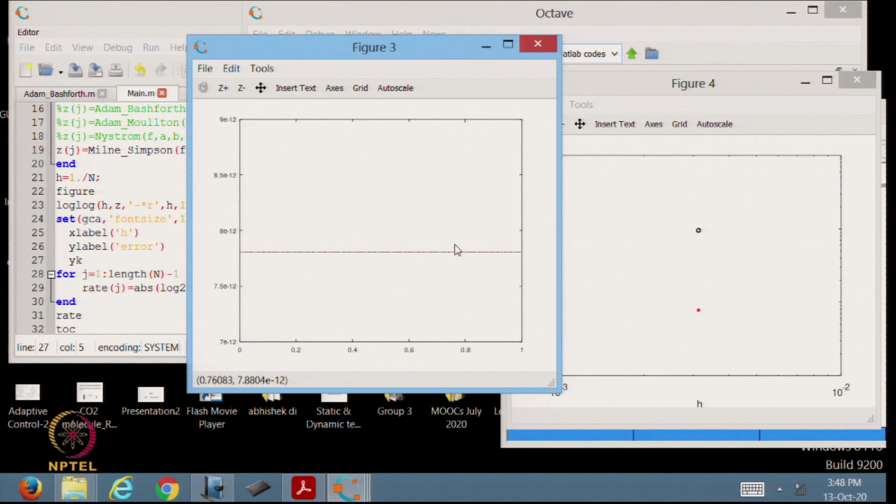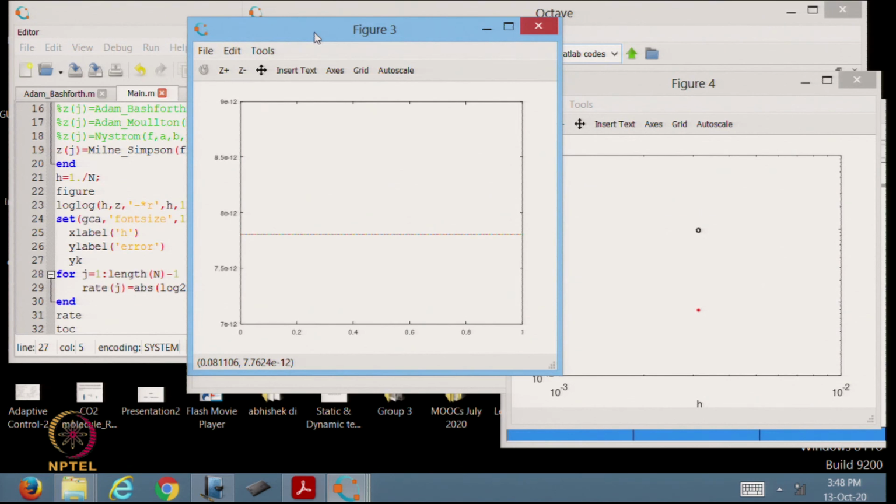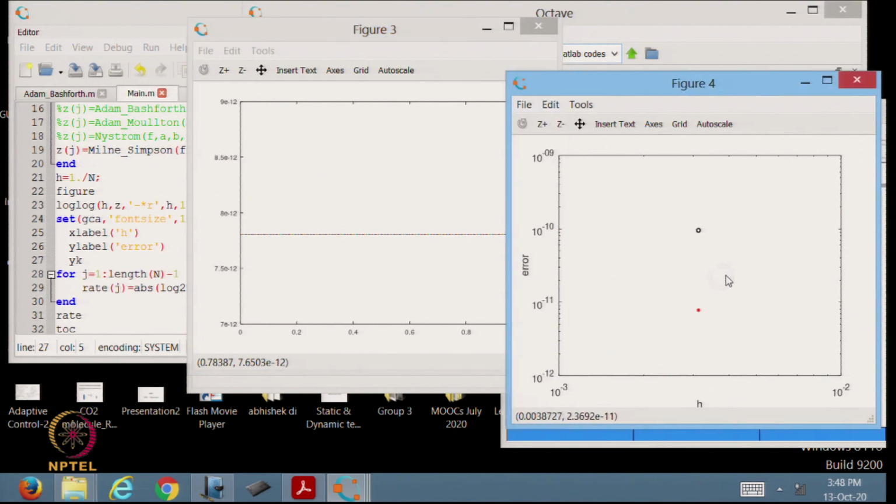Okay. So, if you want to observe the behavior of the error with respect to 0 1, that also you can check by plotting the error, because here we are taking the norm of the error corresponding to 1 h. Okay.